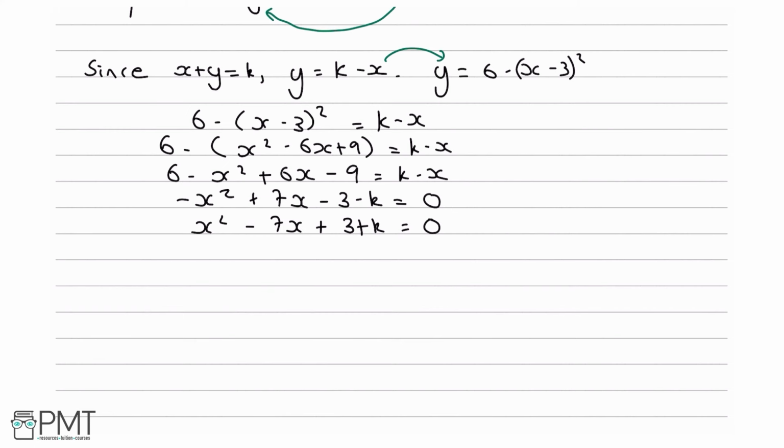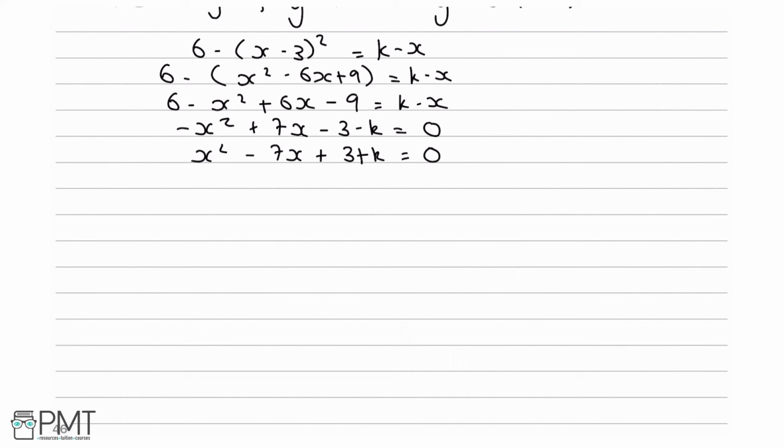And one point of intersection means a tangent, and the way we find a tangent to a curve is we use the discriminant. So we would say the final k value is when b squared minus 4ac equals 0. Okay, so this is when the discriminant of the quadratic we have over here is equal to 0.